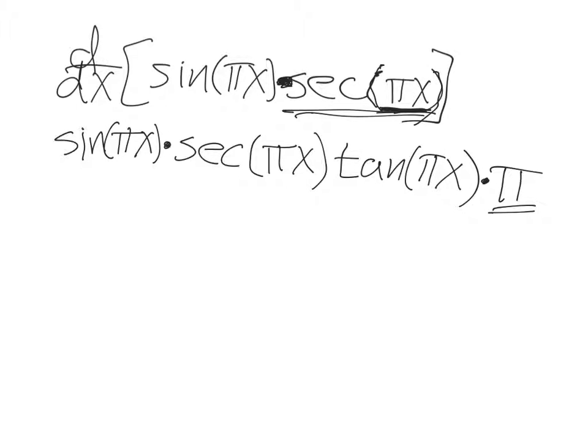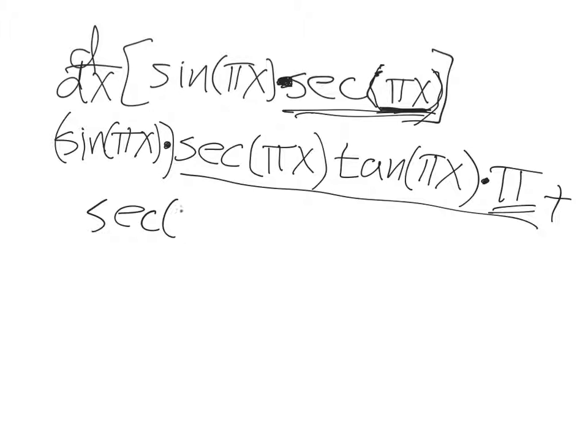Okay, so I guess where are we? We've got the first times the derivative of the second, and then plus the second times the derivative of the first. What's the derivative of sine? Cosine.